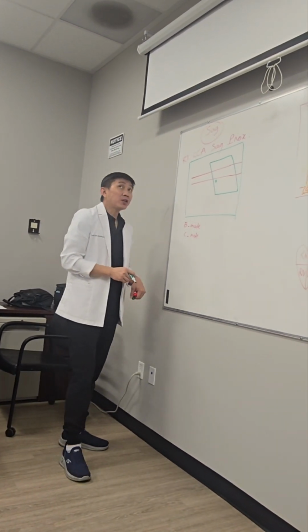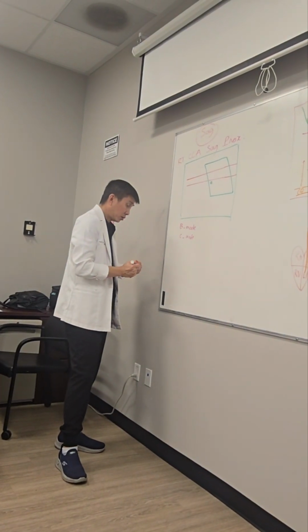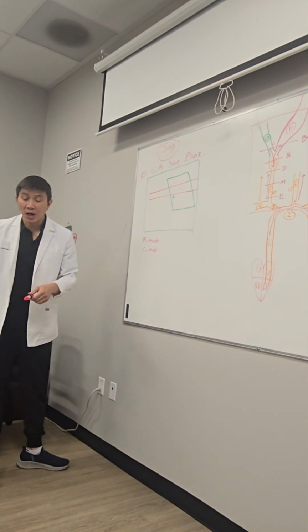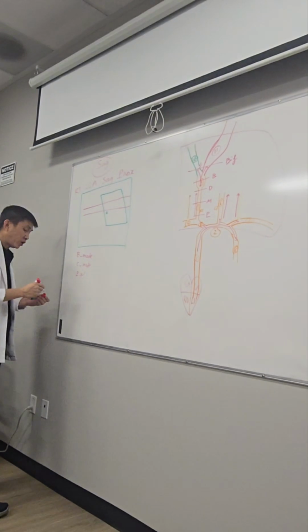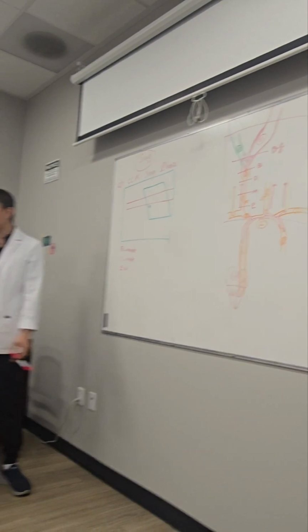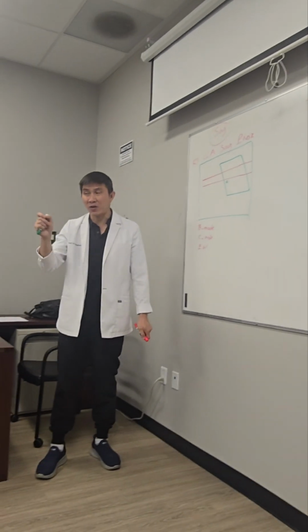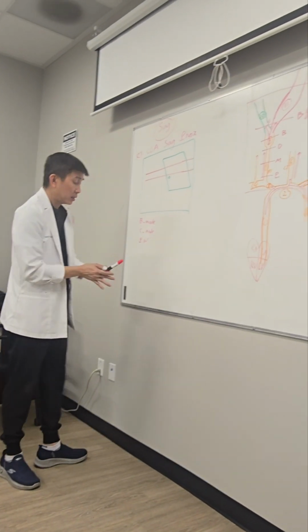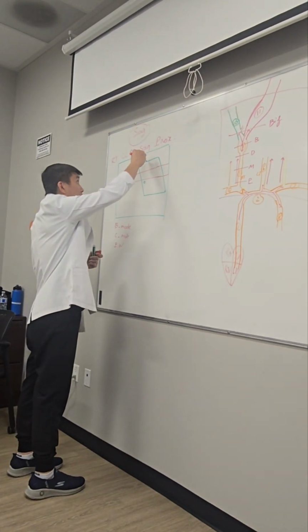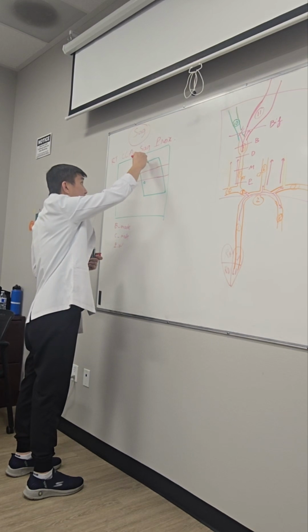So after you're done with the color mode, you're going to hit the pulse wave on. I taught you guys about the angle correction or angle isolation, but it's about the physics. But keep in mind, when you hit the pulse wave on, it's going to look like this.